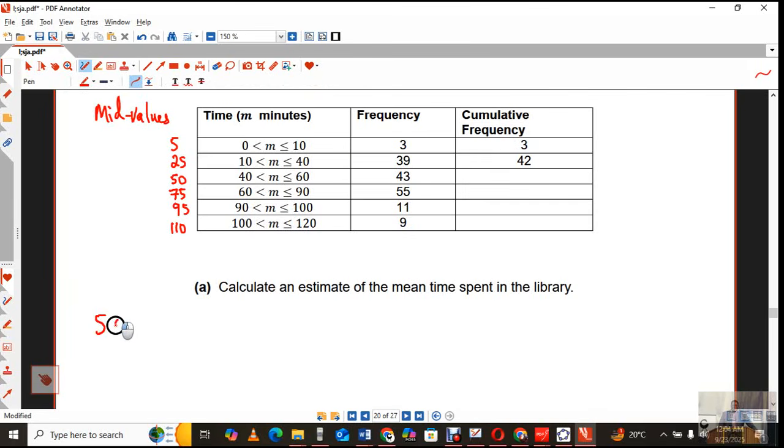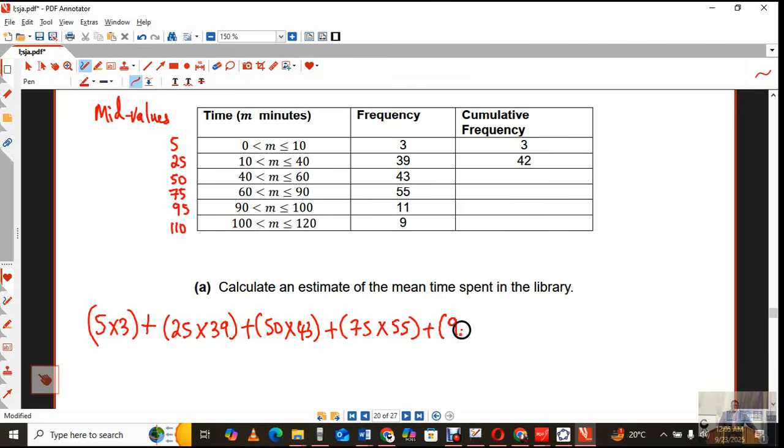So it's 5 times 3, that is the mid value times the frequency, plus the next one is 25 times 39, plus 50 times 43, plus 75 times 55, plus 95 times 11, plus 110 times 9.